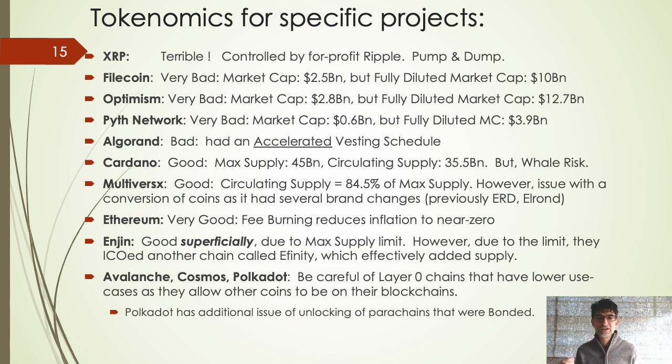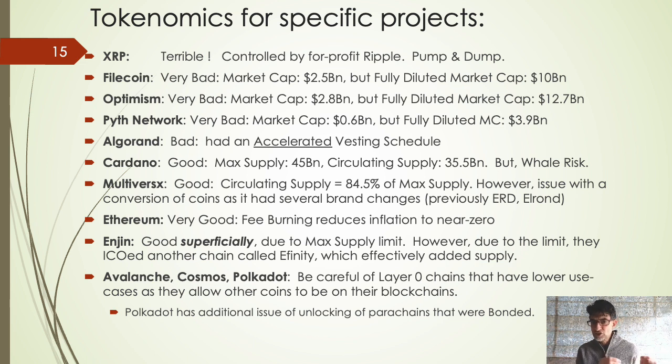Filecoin, too, has a huge amount of inflation. And I'll give you a shortcut, but again, this is only a shortcut. You have to look at each project individually and look at the details. But here's a shortcut: you compare the total market cap as of today with the fully diluted market cap. For Filecoin, it's $10 billion for fully diluted market cap.